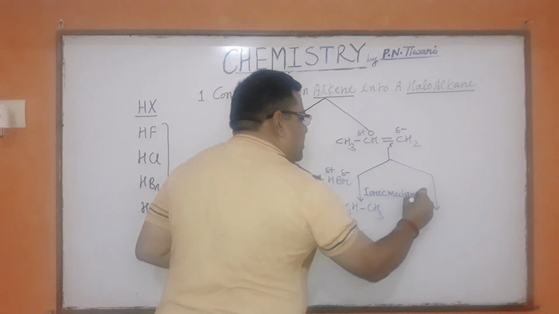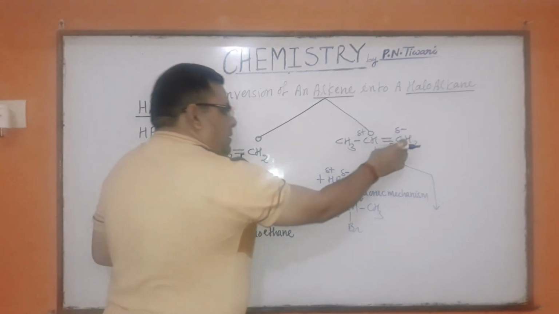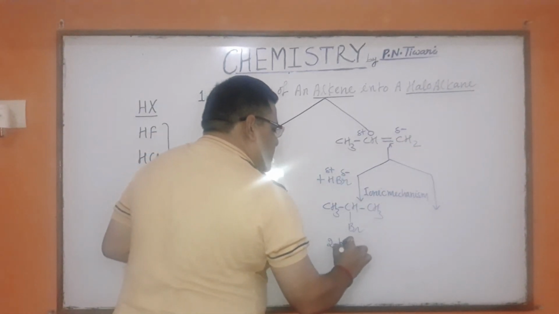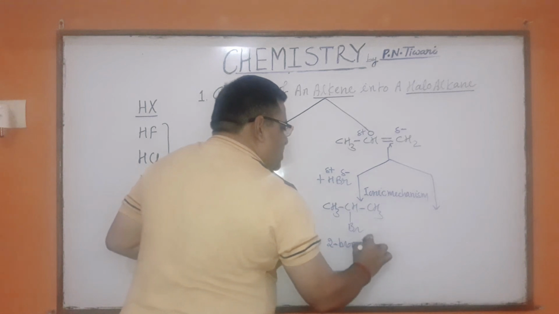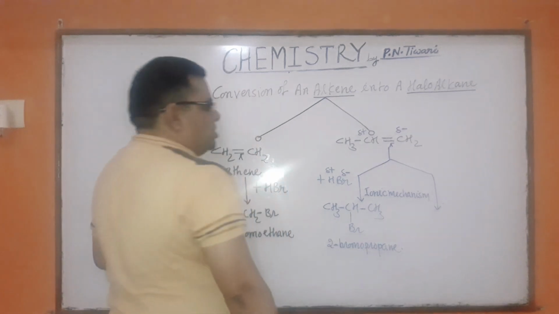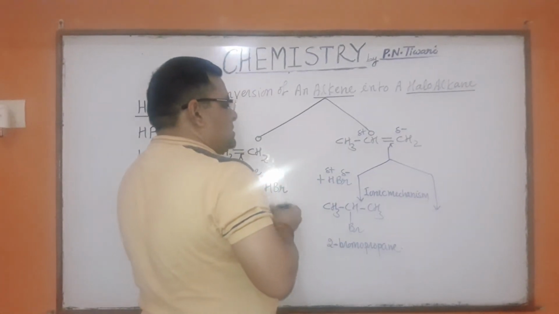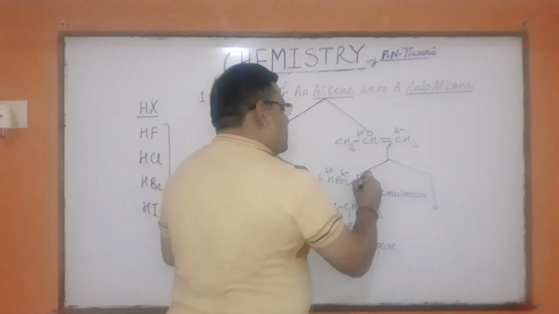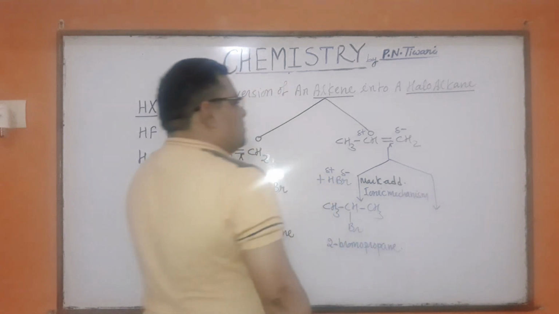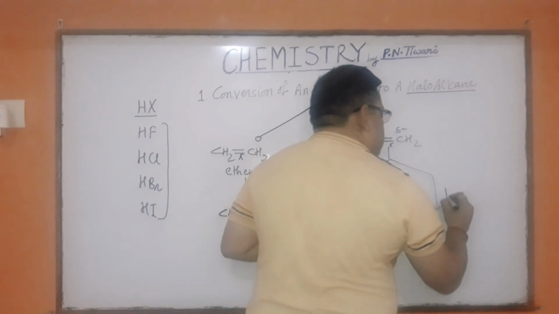In this conversion, propene is converted into 2-bromopropane by the reaction with HBr according to ionic mechanism, and this addition is simply called Markovnikov addition.